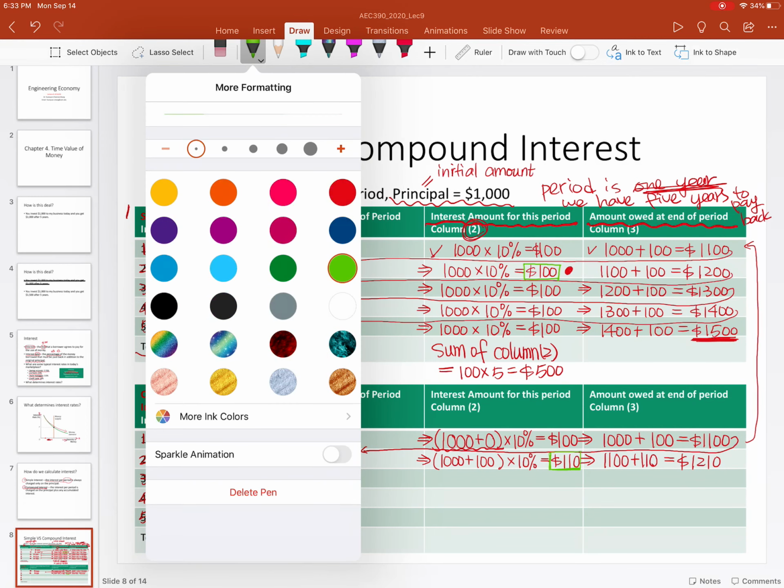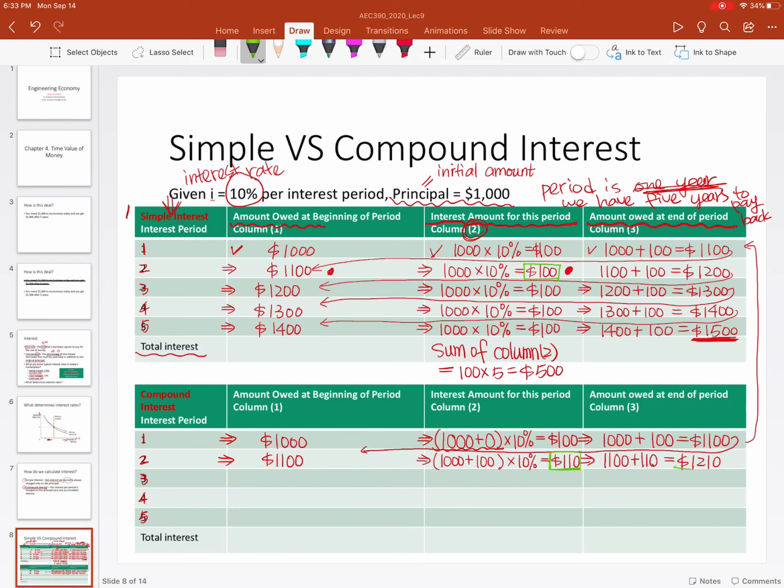You see that? So it is also different than this number, okay? Which means you have to pay back more if you use the compound interest. Okay, compare these two numbers. You see the difference?